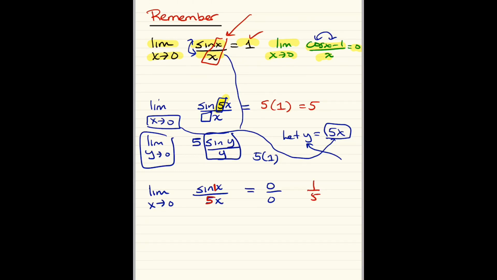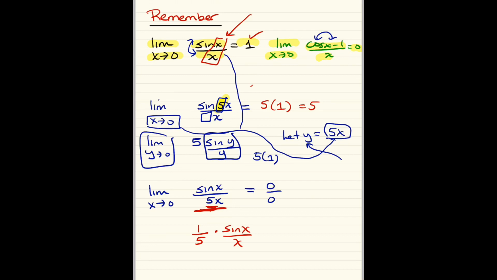Now, some of you are probably saying, wait, how? Why? Well, let me go back and take away those red pieces. This was the original. Now this 5 is connected to the x, but it's not part of the angle. So I can look at this as 1/5 times sine x over x.